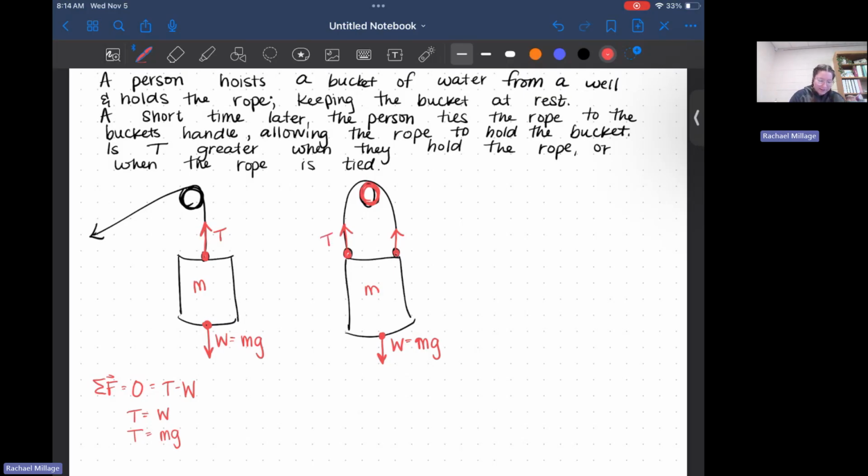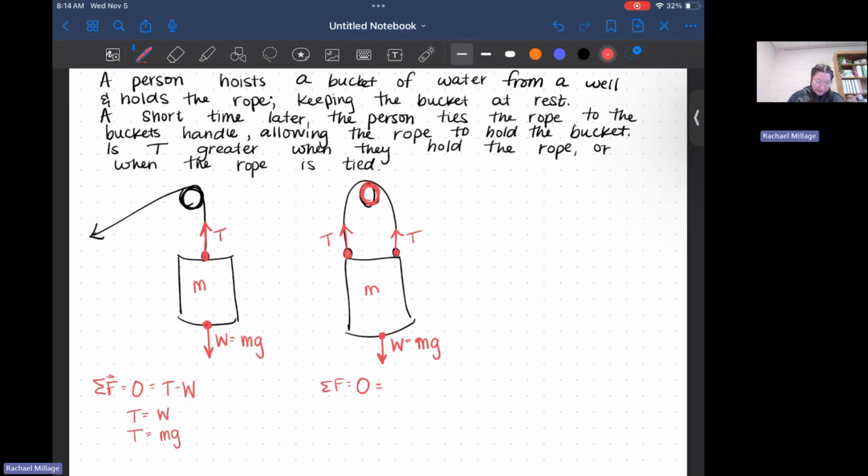So we have tension along the whole rope, right? We discussed that along a rope, when there's tension, tension should be equal across the whole rope. Well, when we do that, we know that the sum of our forces has to equal 0 because the bucket is in equilibrium.